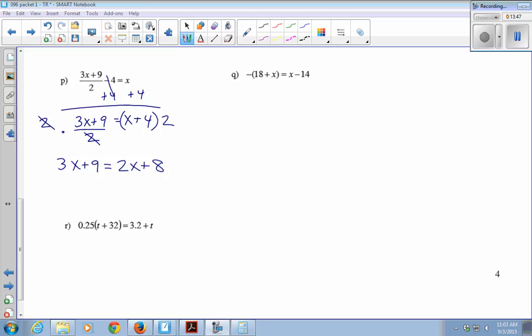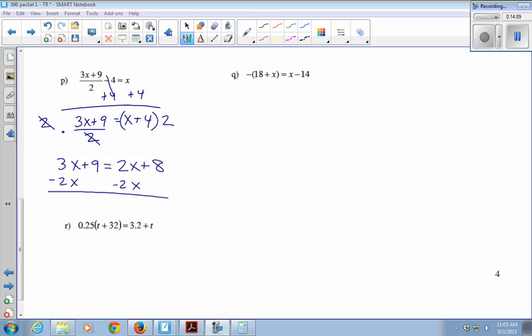All right. So now I want to collect all my x's together on one side. Anybody care what side we put them on? Yeah, so we'll put them on the left side by subtracting 2x from both sides. Minus 2x, minus 2x.